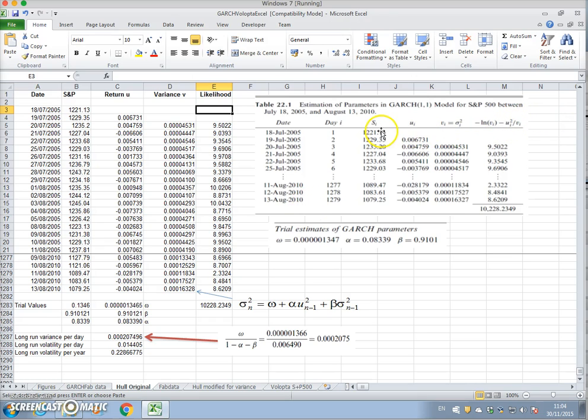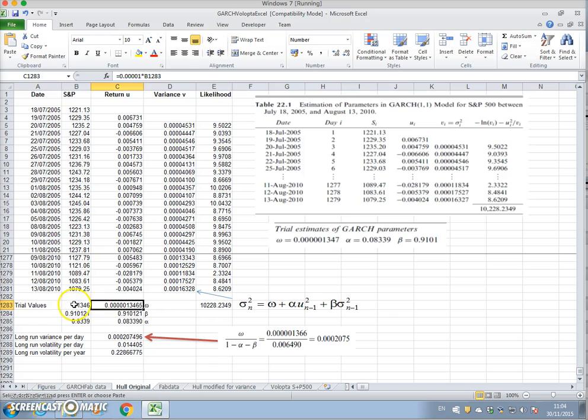He worked out the return, then the variance, and then he set out this log likelihood, which he summed and then optimized. So we performed the same exercise in Excel and we got the same sum of the log likelihood.